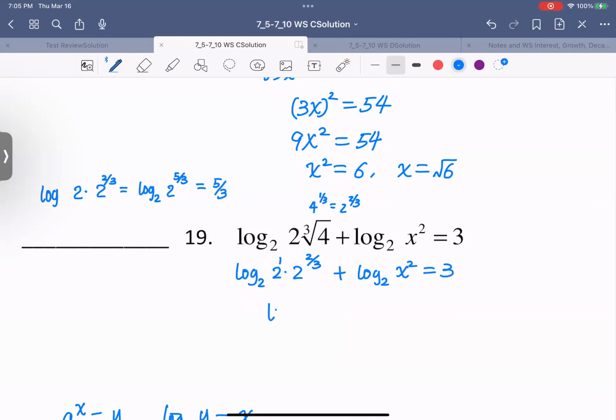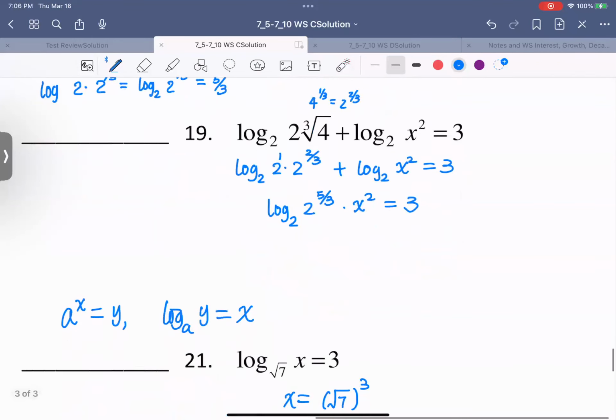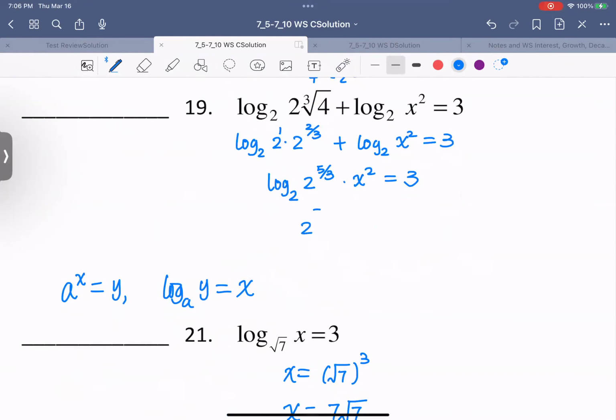If we do this together, this is 2 to the power of 5 over 3. And then what do we do? Times x squared. Yes, equals 3, right? Yes. And then we have this guy times x squared equals to who?